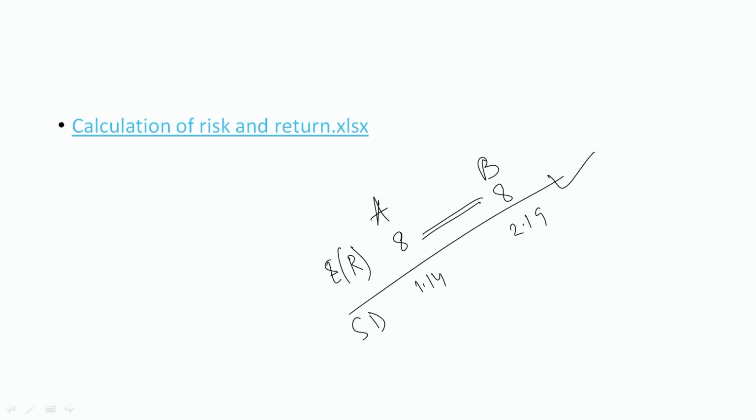Both of them are giving us the same expected return, but Company B is quite risky because standard deviation is higher in case of B, while in case of A, standard deviation is lower as compared to Company B. So just on the basis of expected return, we cannot take our decision.